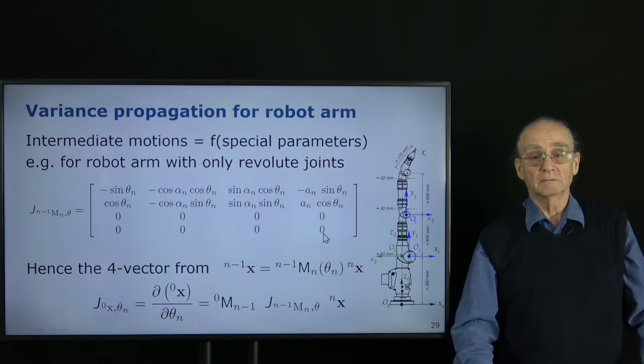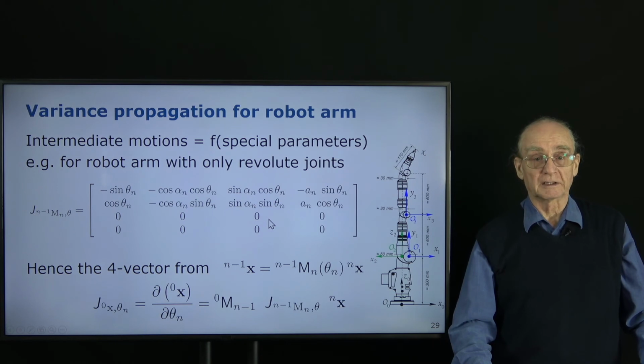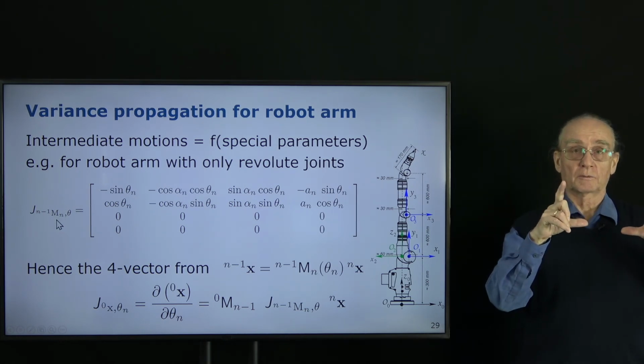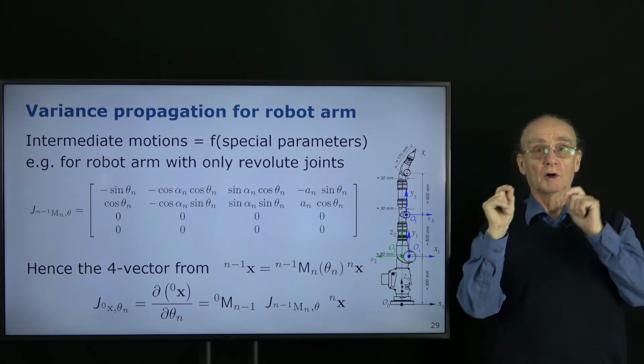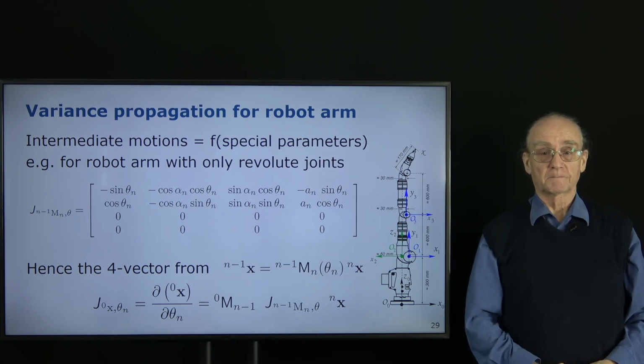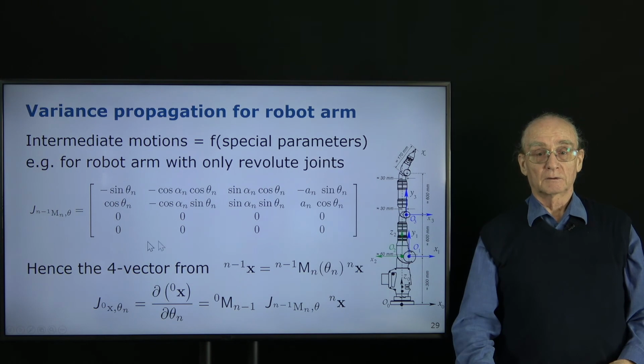There was a 1. 1 is constant, so the differential is 0. Then in this row we had sine and cosine alpha, which is not dependent on theta. That means we only have values in the first two rows, which depend on theta. That means the Jacobian of this motion matrix, a 4x4 matrix with respect to one parameter, is actually this 4x4 matrix.